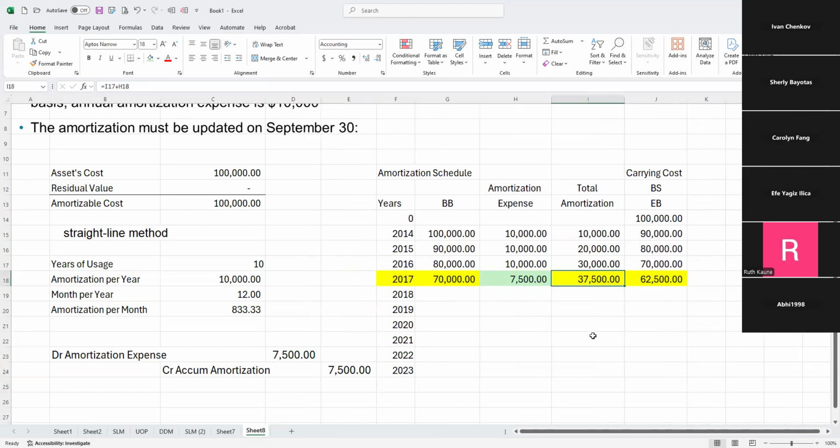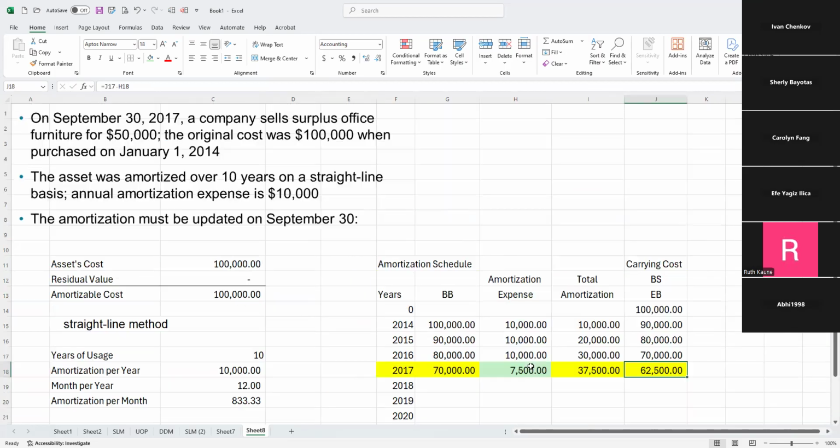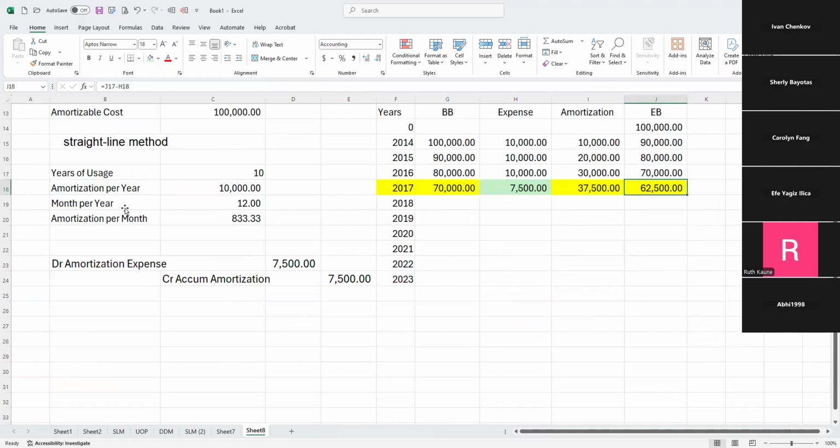Now, how much is my total amortization? 37,500 after you do this entry. What's the carrying value of my asset? 62,500. So, the company sells the asset for $50,000.